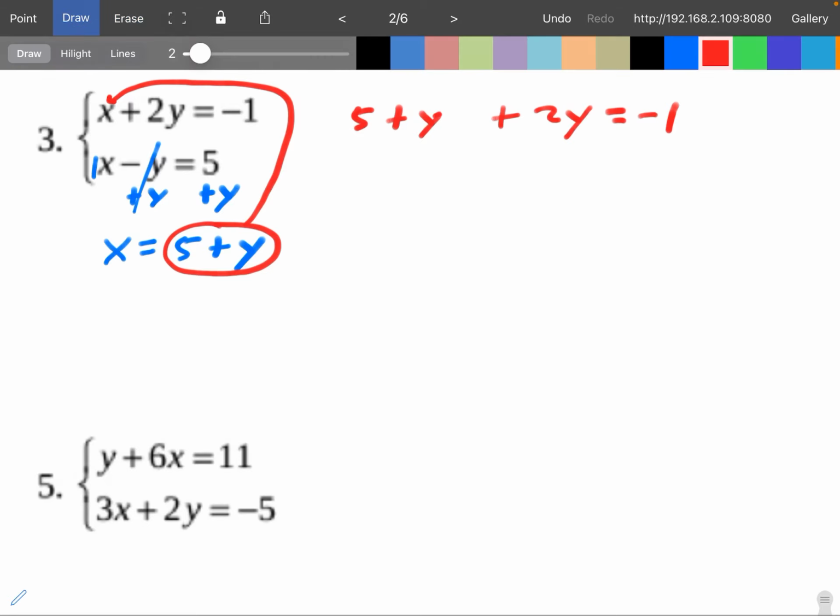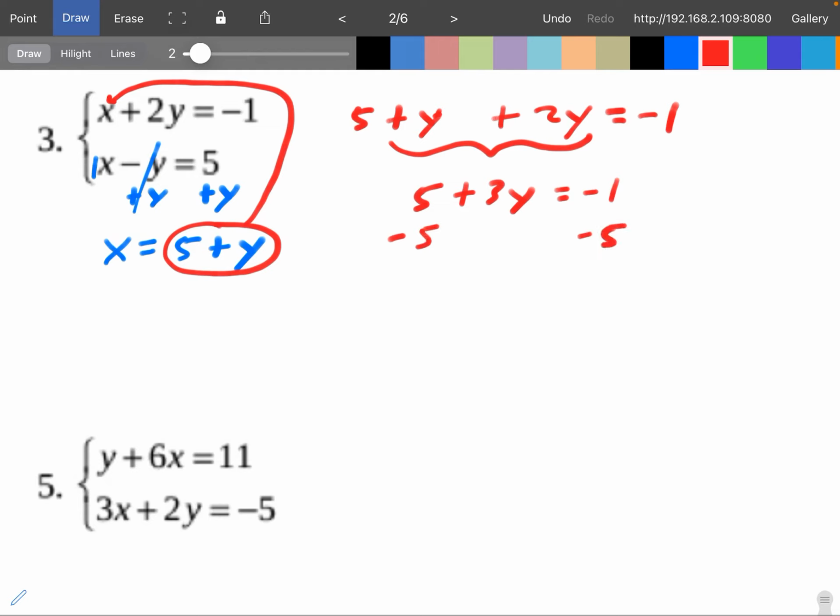So that means that top equation is going to become 5 plus y plus 2y equals negative 1. And again, I don't need those parentheses, so let's take those out of there.